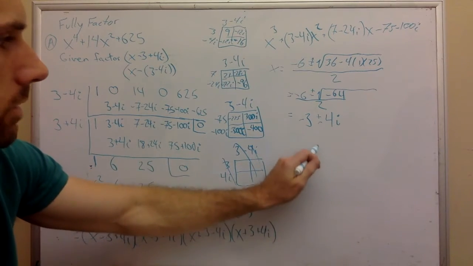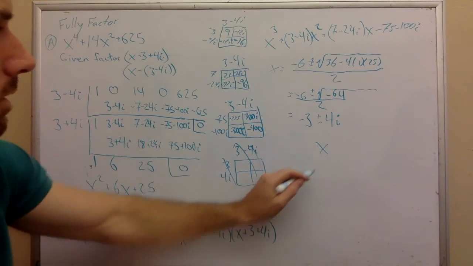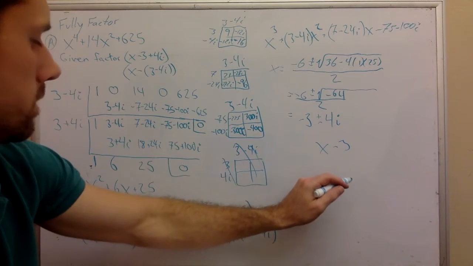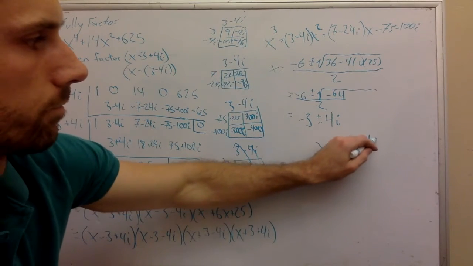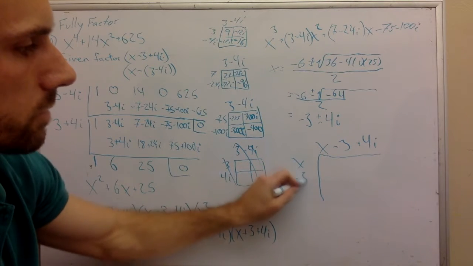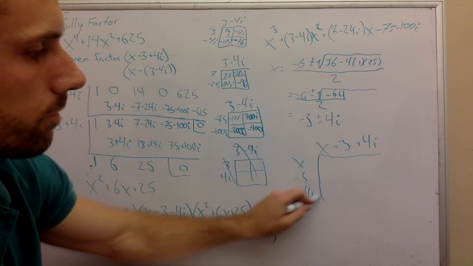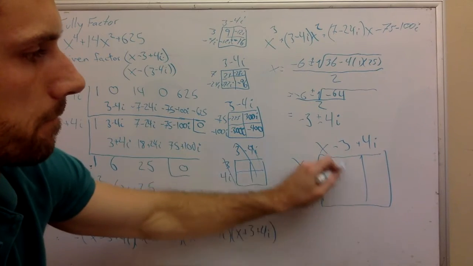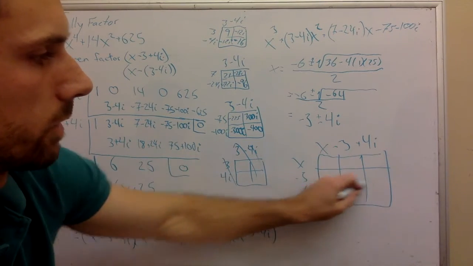So I could start with x minus 3 plus 4i times x minus 3 minus 4i. Find out what that is.